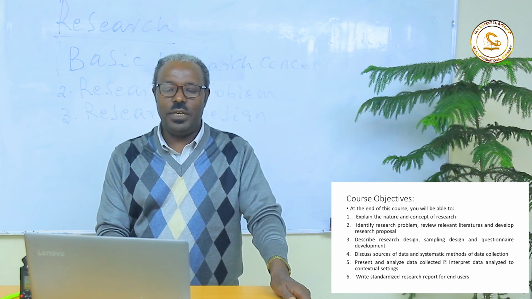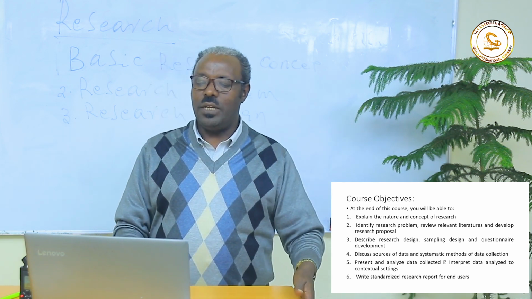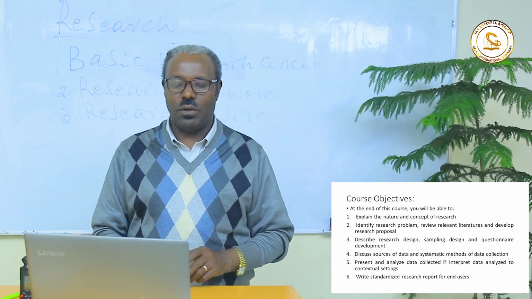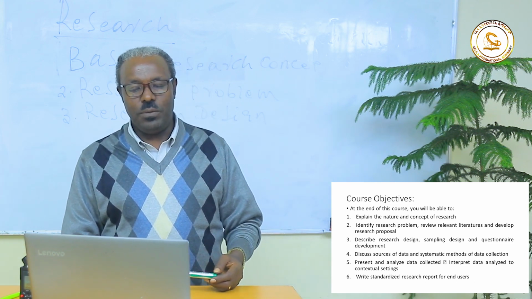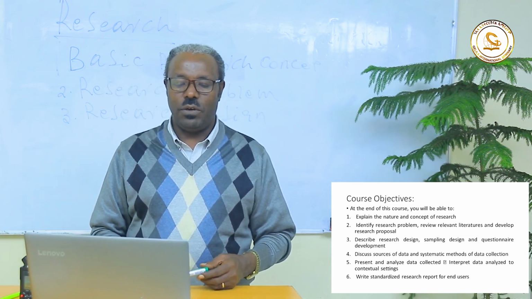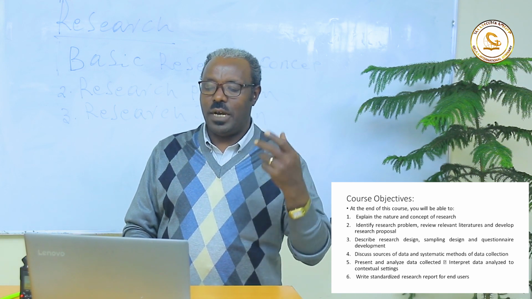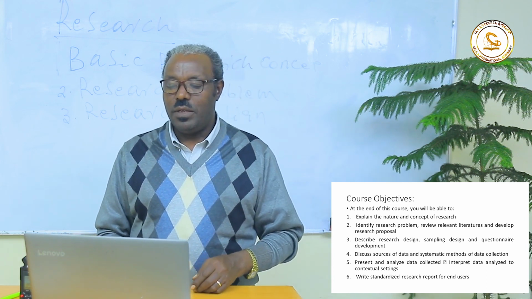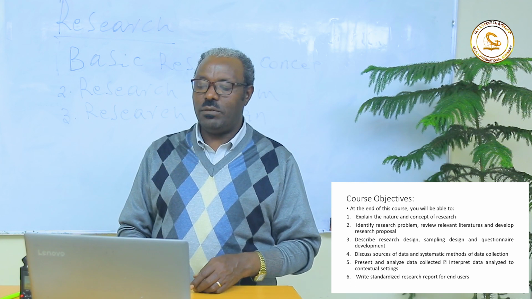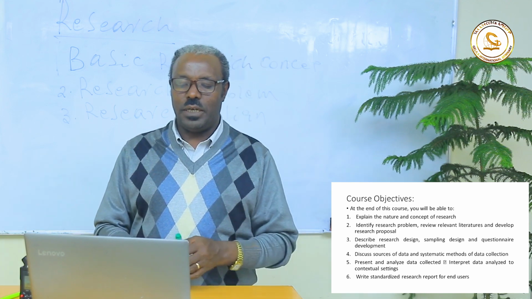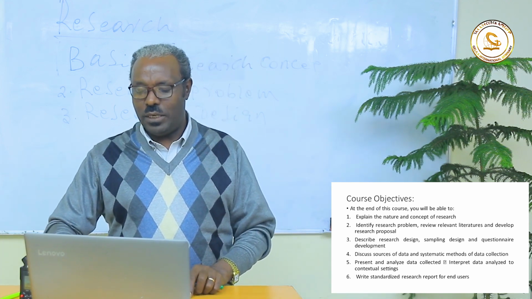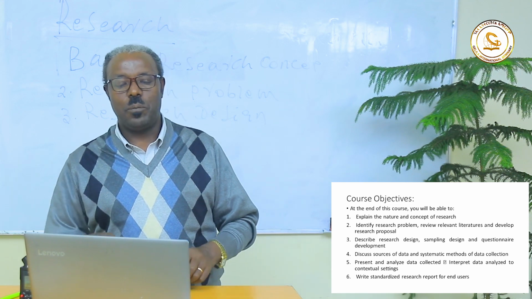The fourth objective of the course is source of data and systematic method of data collection. The fifth objective of the course is presenting and analyzing the data. The sixth one is interpreting the data. The seventh one is reporting the data.